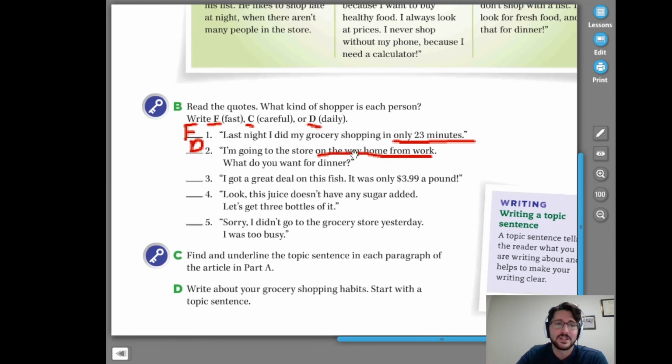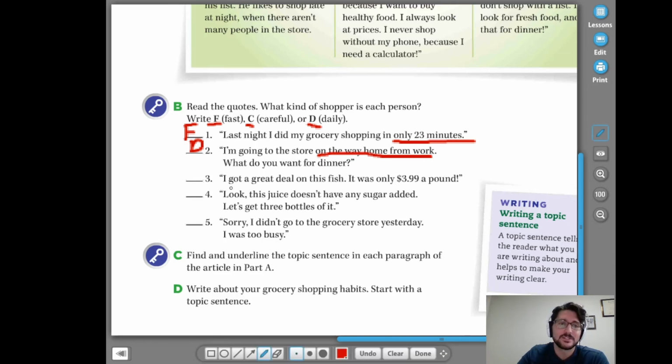Number 3, repeat after me. I got a great deal on this fish. It was only $3.99 a pound. Or you could say, it was only $3.99 a pound. That's probably the more common way. Who would say this sentence? I got a great deal on this fish.